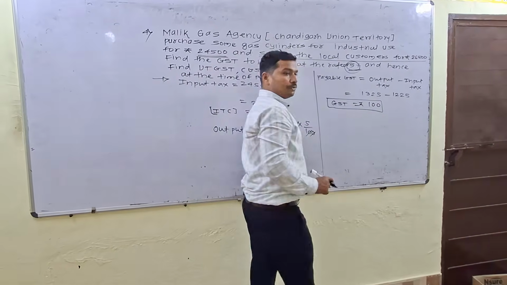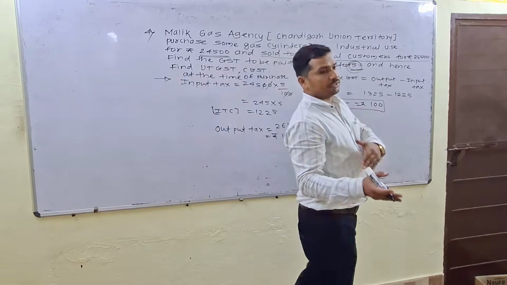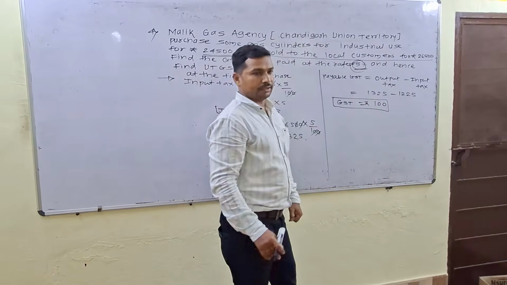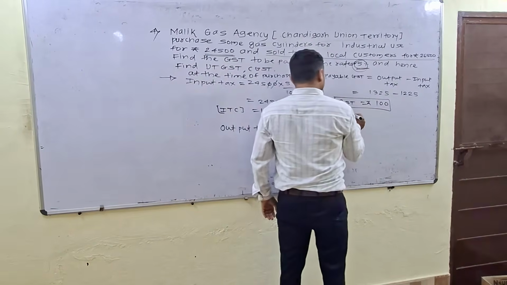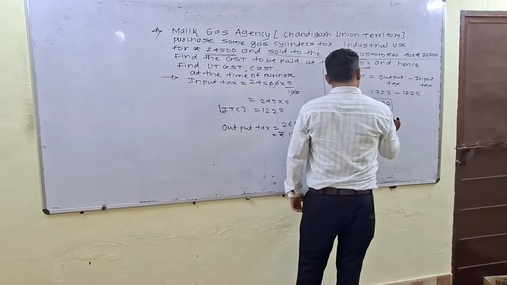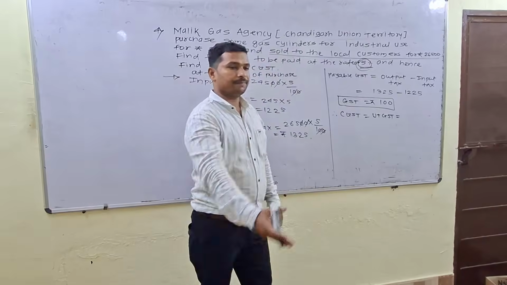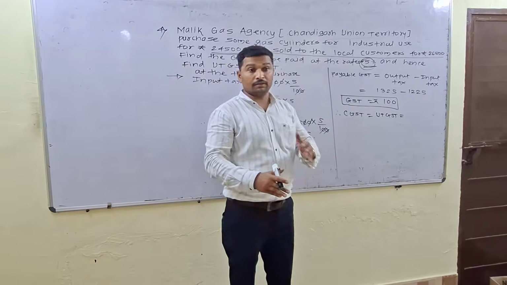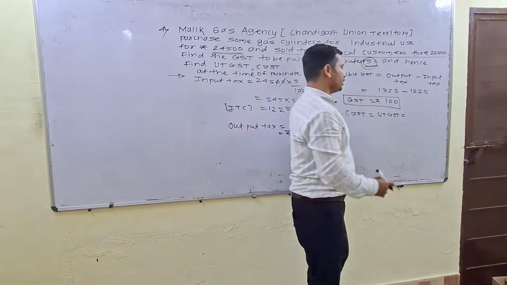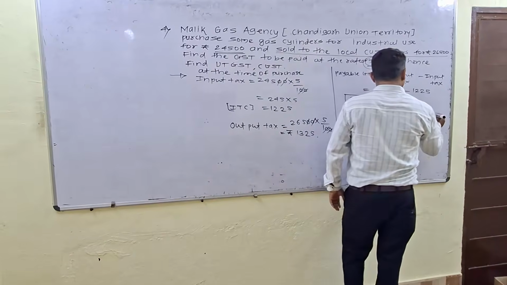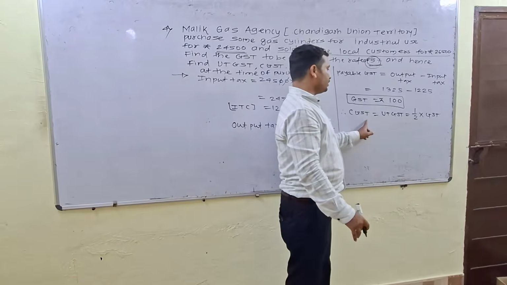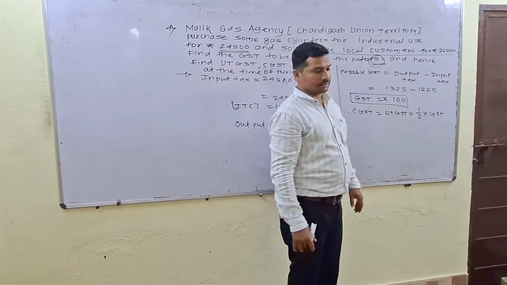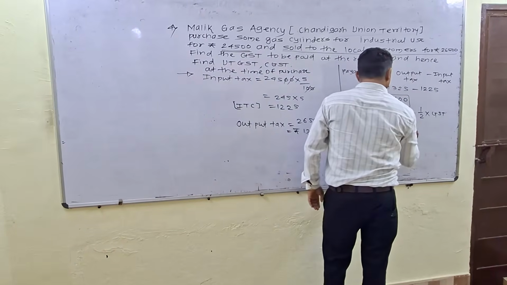So that is why we know that CGST is equal to SGST. But since this is a union territory, we have to say UTGST. The formula is CGST equals UTGST equals 1/2 into GST.